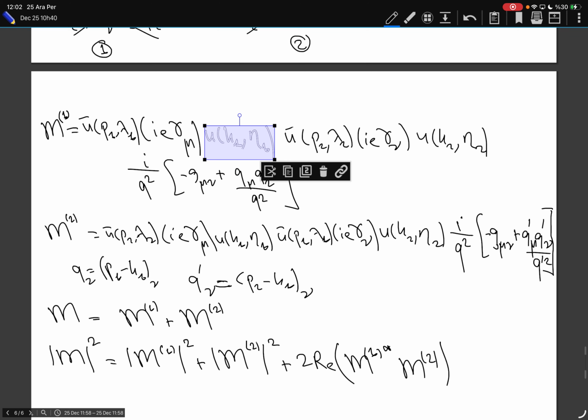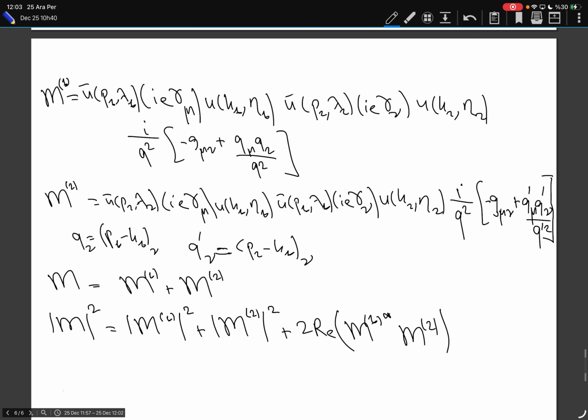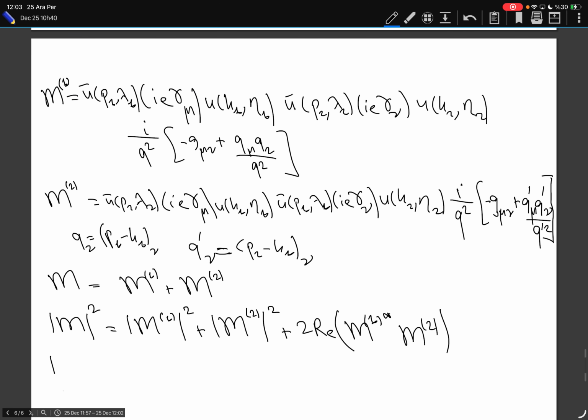So you multiply a row matrix with a square matrix, with a column matrix of the same dimension. You just get a 1 by 1 matrix, or just a number. So when I'm calculating M1 squared, this is a number. I should multiply that number with its complex conjugate. So I should calculate one of the things that I should calculate at least.